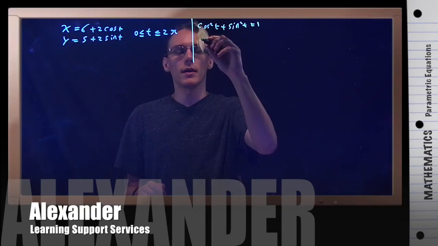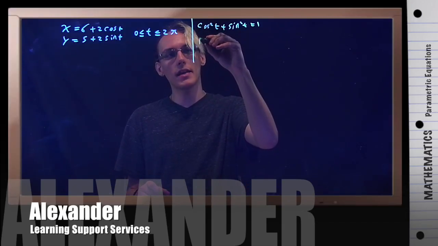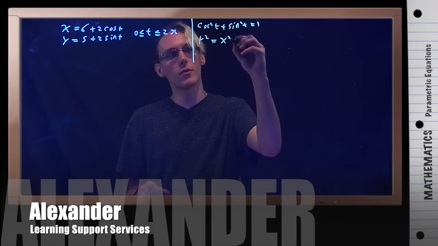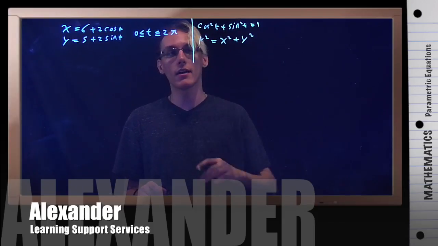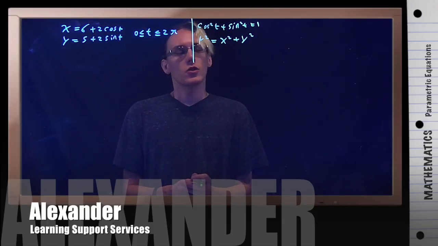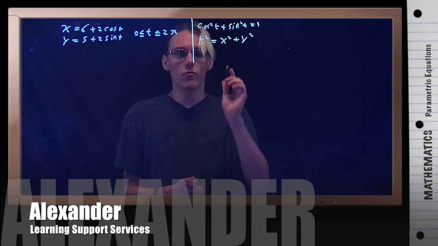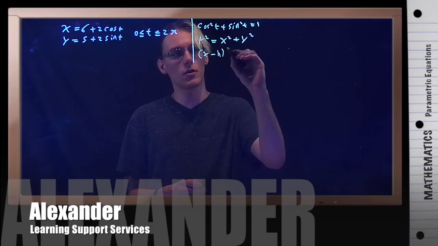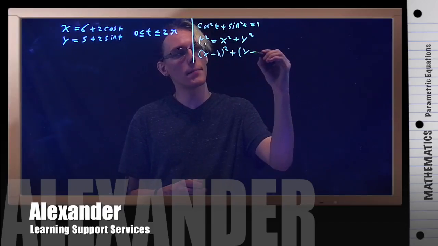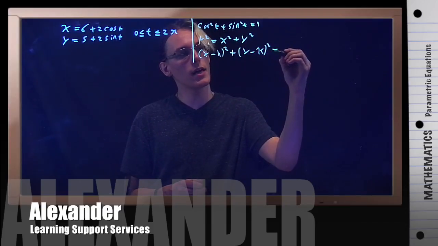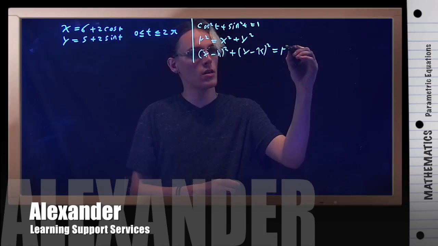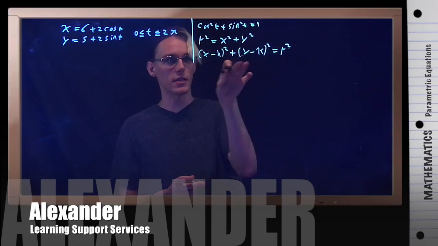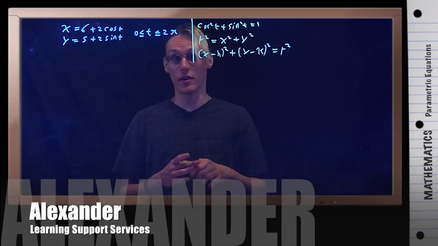I'll also keep in mind that the radius squared is equal to x squared plus y squared, again for a circle. And finally, the equation of a circle is x minus the center coordinate squared plus y minus the center coordinate squared is equal to that radius squared. And if you work this out, you can see that that works out just fine.